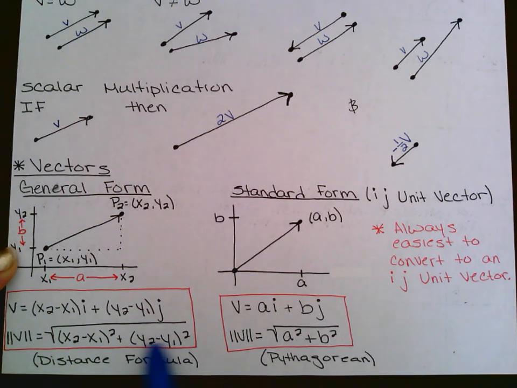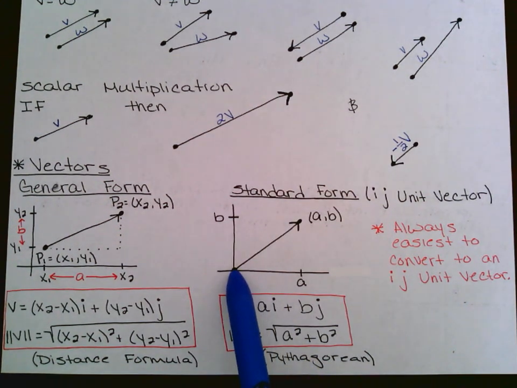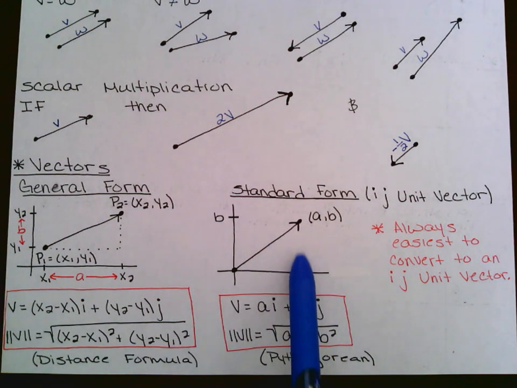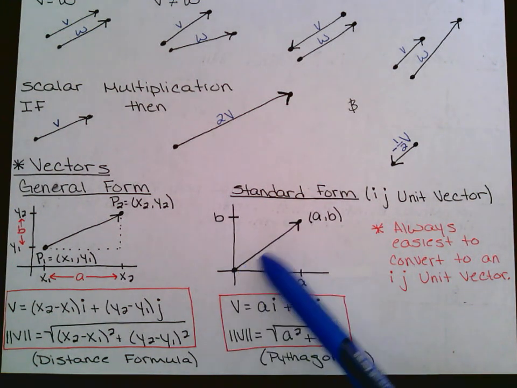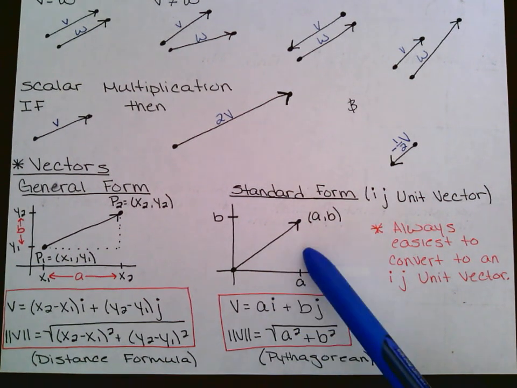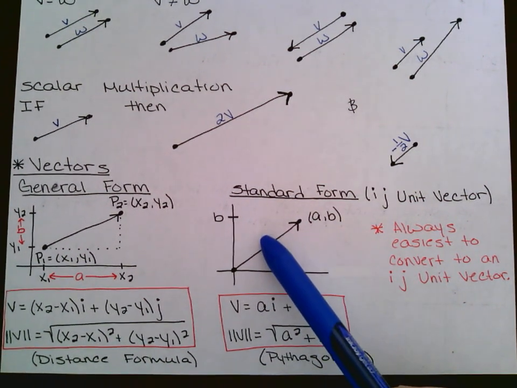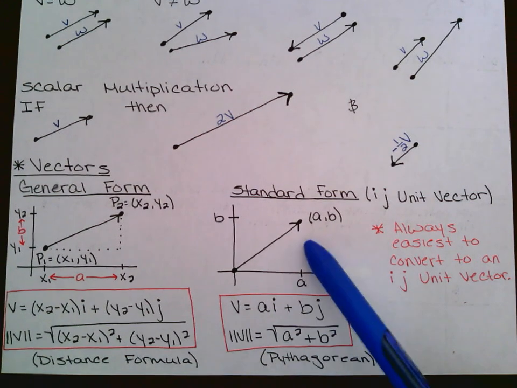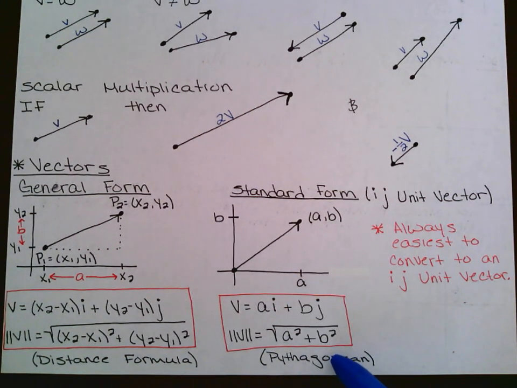And if we subtract the y's, we would get B, which is why this is simply B squared. Okay? When you clean this up, this ends up giving you Pythagorean. So check it out, just a little extra side note. This right here makes a right triangle with this line, the vector, being the hypotenuse. So A squared plus B squared equals C squared. If I wanted to isolate C, I would just take the square root. And that's how we get this, okay?